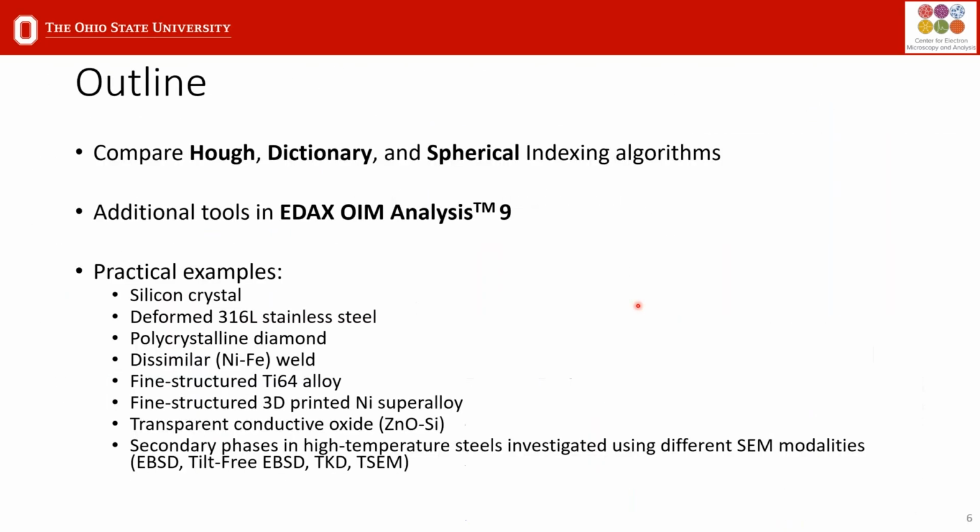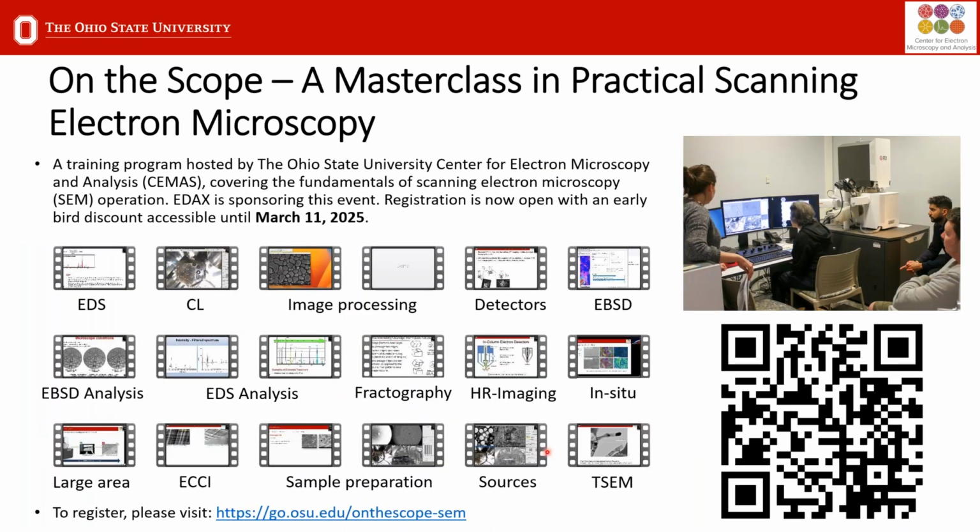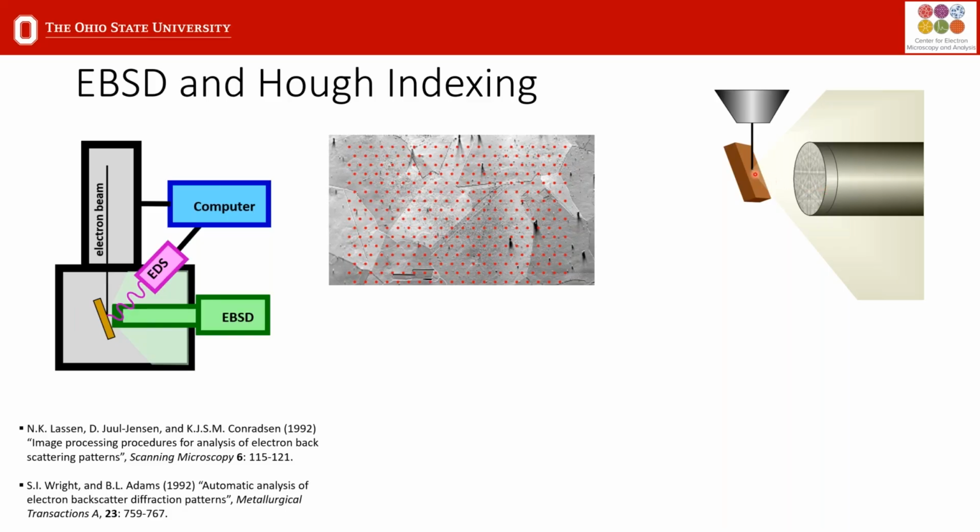Okay, this is also a TKD slide, but usually we tilt it at 70 degrees, and that is to maximize the backscatter yield. At 70 degrees, they found that's the optimum. If you tilt it to 45, you'll get less signal.